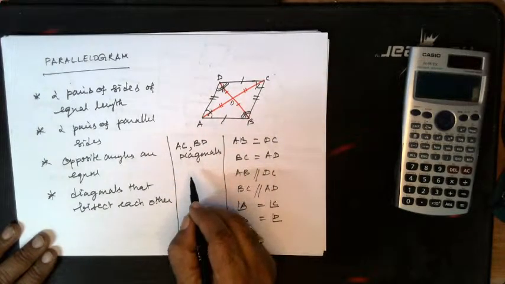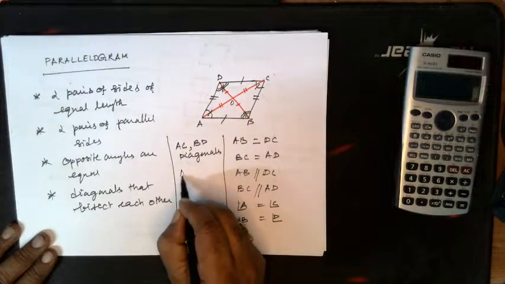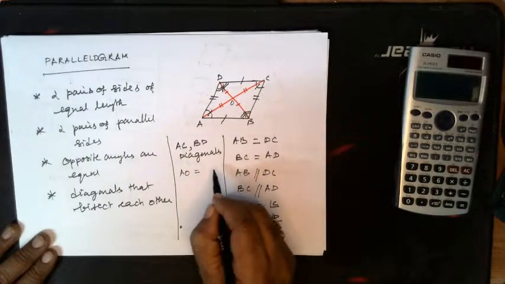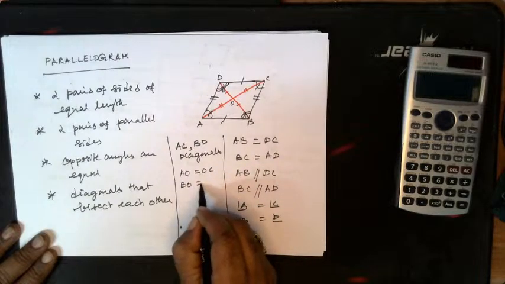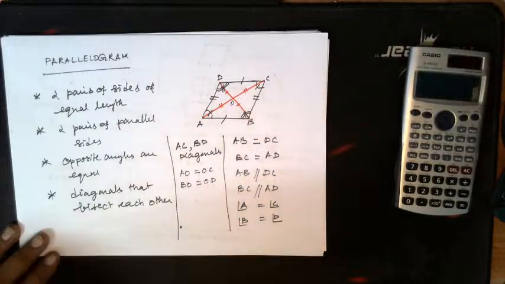It means AO is equal to OC, and similarly BO is equal to OD, right?